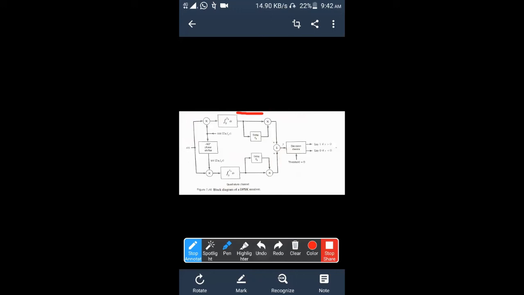Now think that here is cos theta. Incoming is also cos theta. Both are multiplied. Cos into cos, cos square theta. That's a positive number. Next, what is coming here? Minus sin theta.